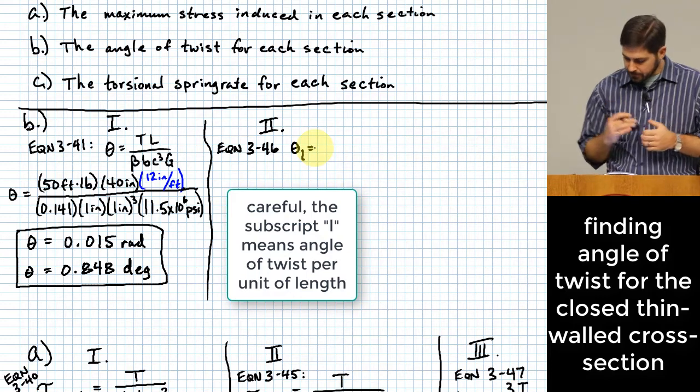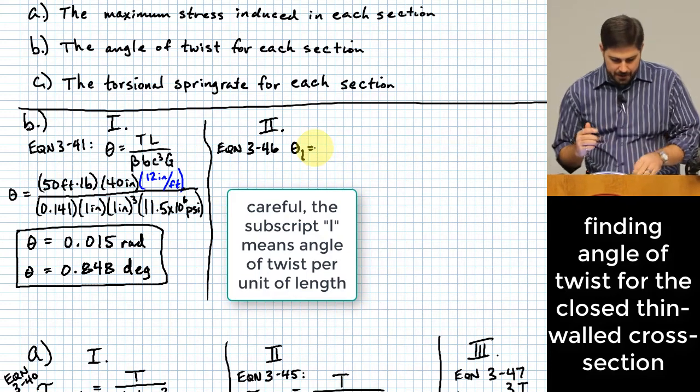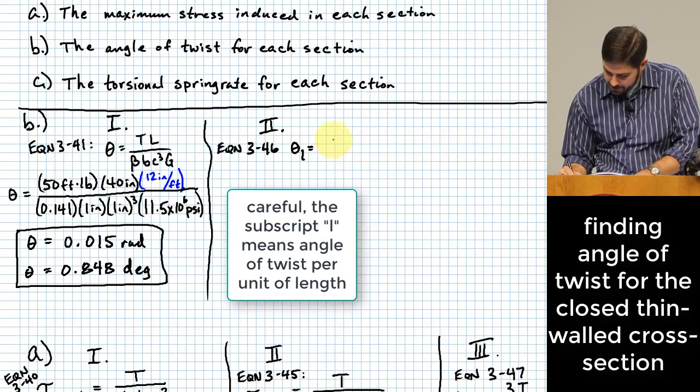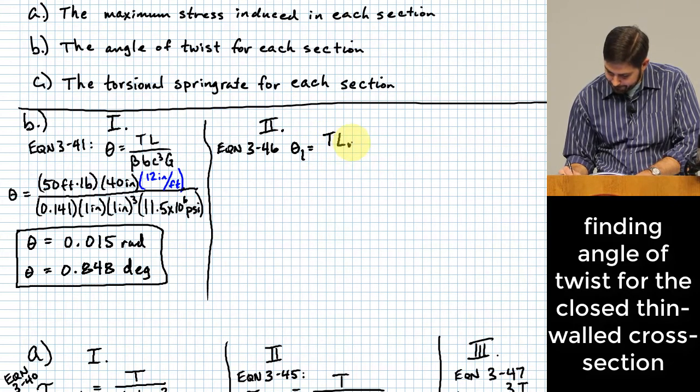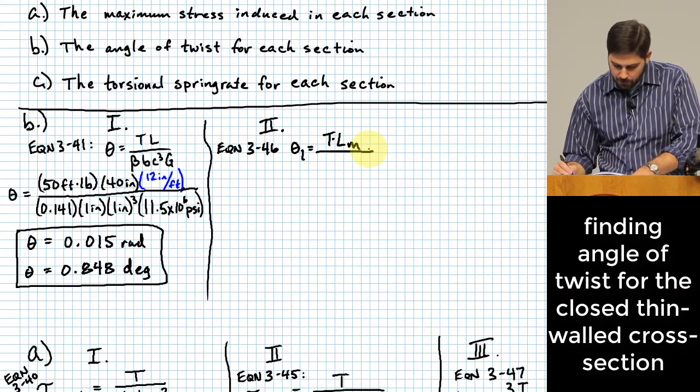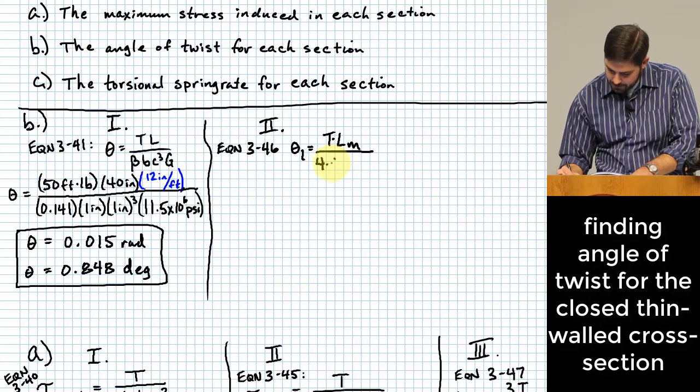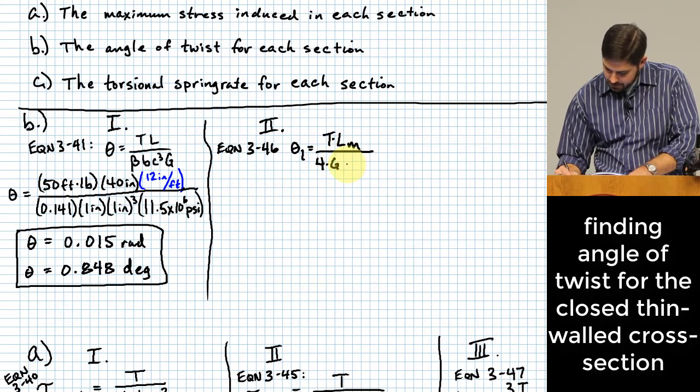Okay, so theta sub L is just going to be equal to T times L sub M over 4G A sub M squared T.